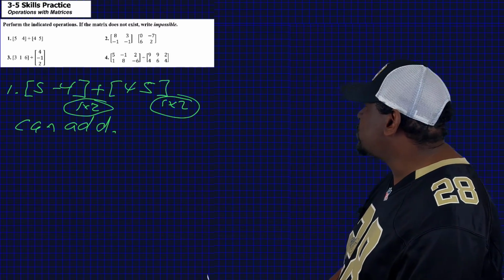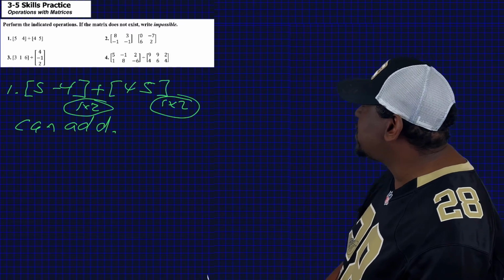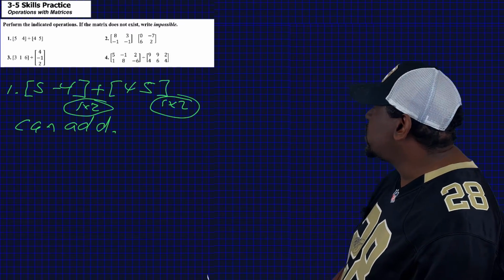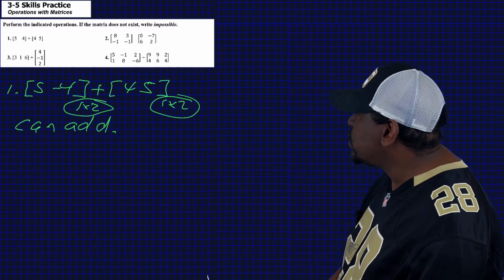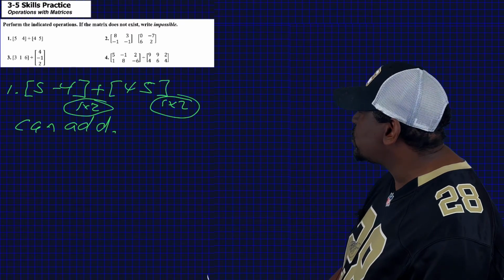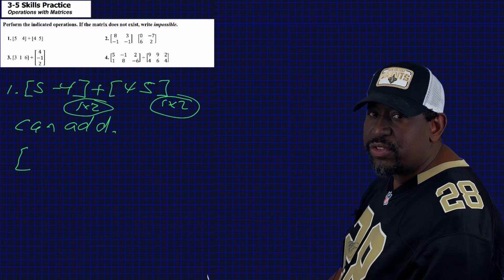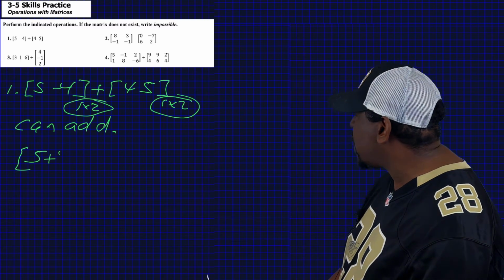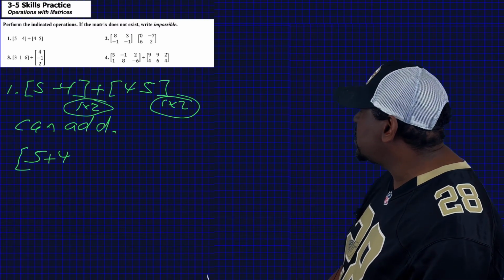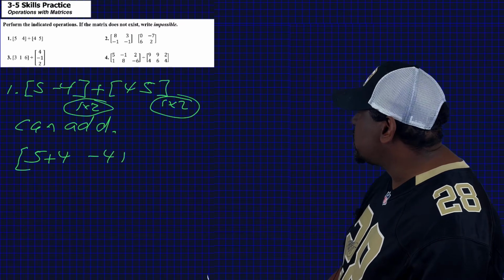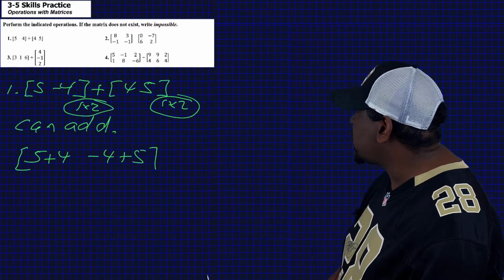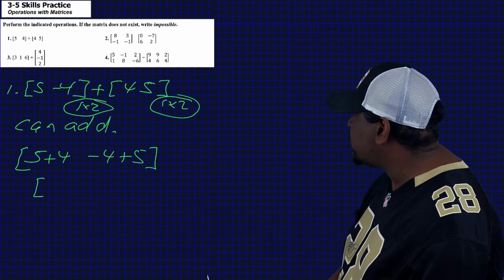So how do you add them once you have the dimensions? Well, you add what we call their entries, their elements. You take the first row, first column value, which is 5, and add it to the first row, first column of the second matrix, which is 4. Then you do the same with the second: you take -4 and add 5.